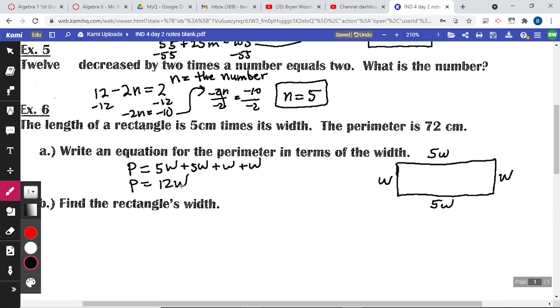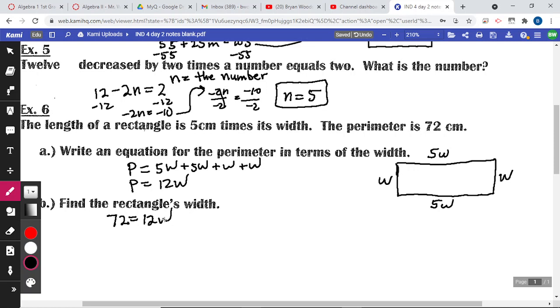And now they say find the rectangle's width. So now we need an equation we can solve. The one we wrote has this letter P in it, which isn't very helpful. But we can plug in 72 for that, right? Because we're told the perimeter is 72. So that's the one we're interested in. So the perimeter is 72. And it's also, in terms of width, 12W.